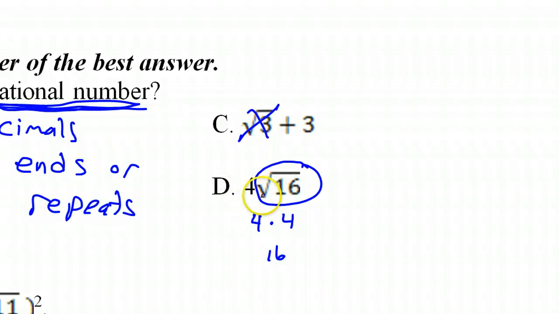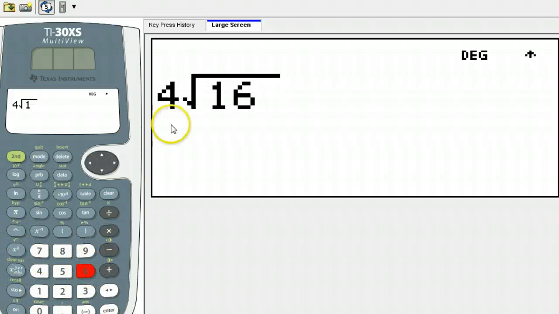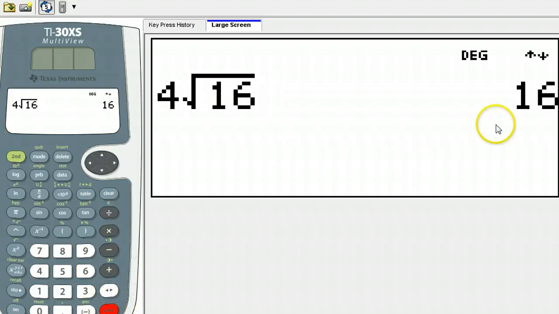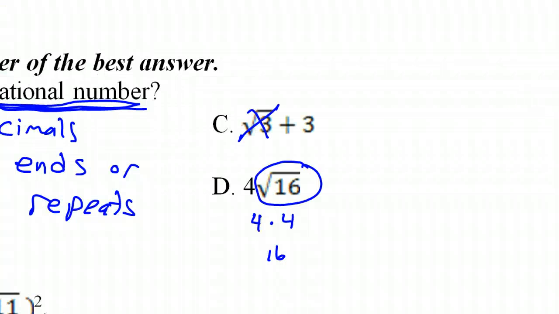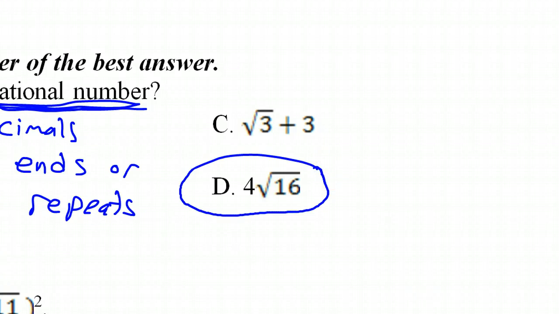Your calculator will handle square roots very easily. So if you had any question about it, you might have just typed this into your calculator, 4 radical 16, and you would see that that's just 16. So that is a rational number. So the answer is D, because this, as a decimal, ends.